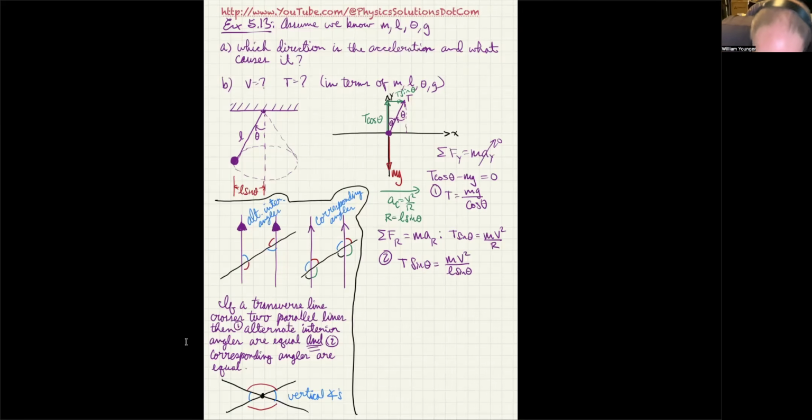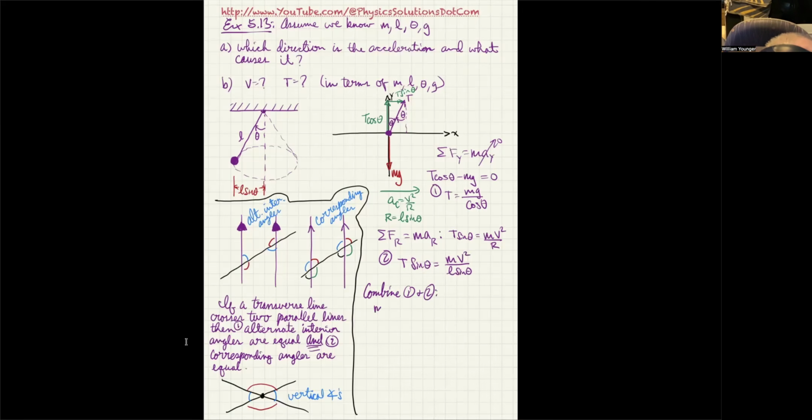Okay. So now I can combine equation 1 and equation 2. The way I'm going to do that is I'm going to take the T and plug that in from equation 1 into equation 2.